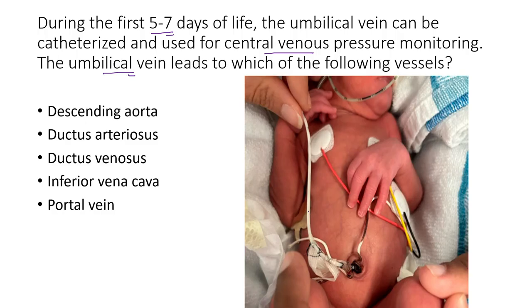So here you can see the baby has been catheterized into the umbilical vein. This umbilical vein will be here. You have the portal vein and the right and left branches of the portal vein. The umbilical vein drains into the left branch of the portal vein, and the left branch of the portal vein has communication with the inferior vena cava through the ductus venosus.